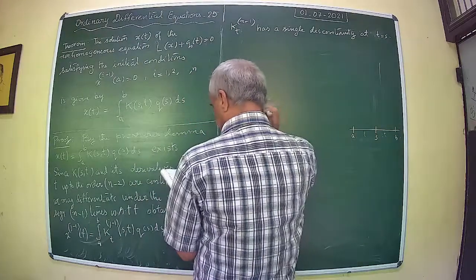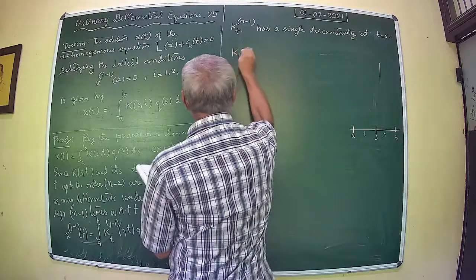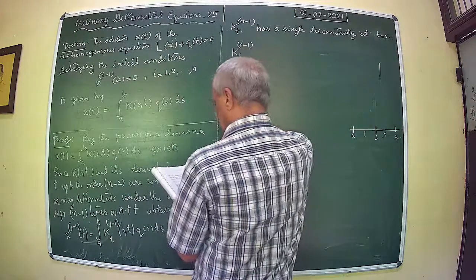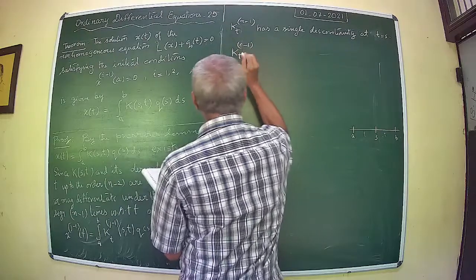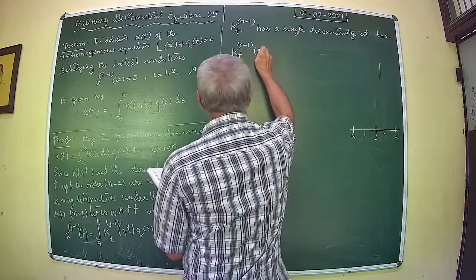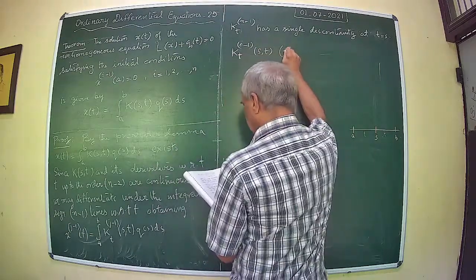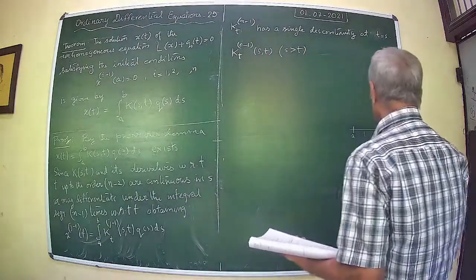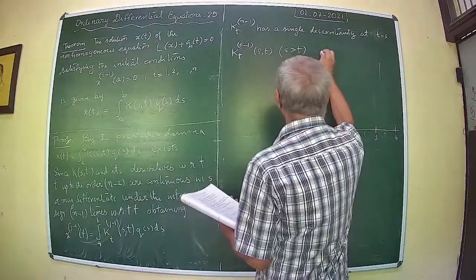Now you see that the n minus first derivative of k for s greater than t, s greater than t, that means t less than s, is identically equal to 0.